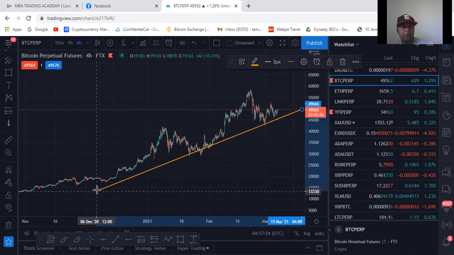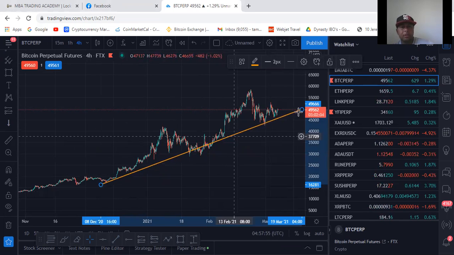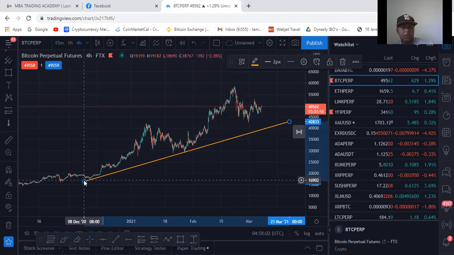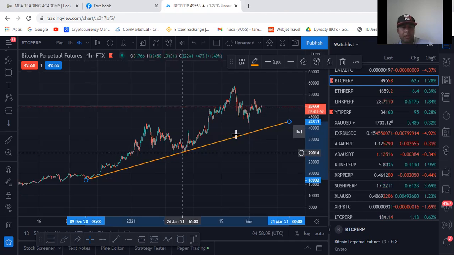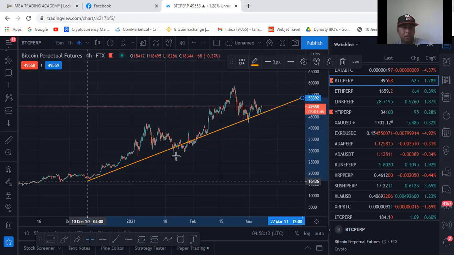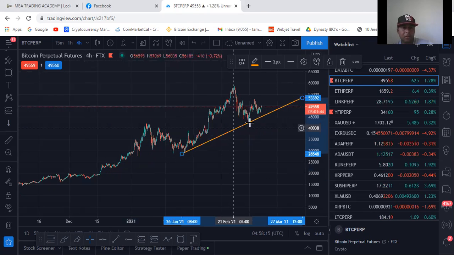There's a lot of places to put a trend line, but you always want to kind of keep it to the first point. So let's just say you want to have your trend line here, and then it has to be to the next line. That's your trend. So for example, if you wanted your trend line here, you want to go to the next point, so that's where you're going to be looking at.